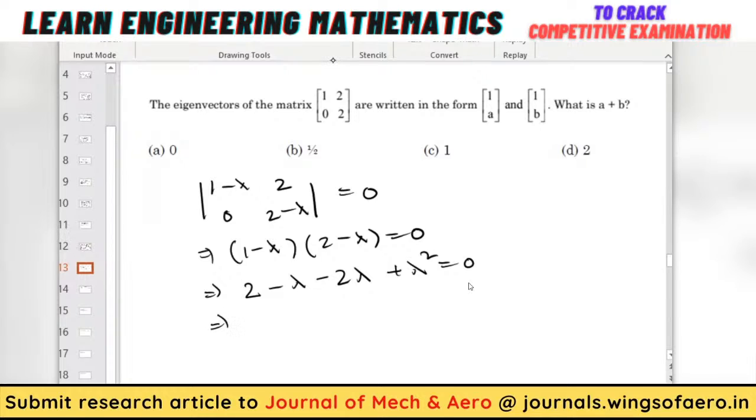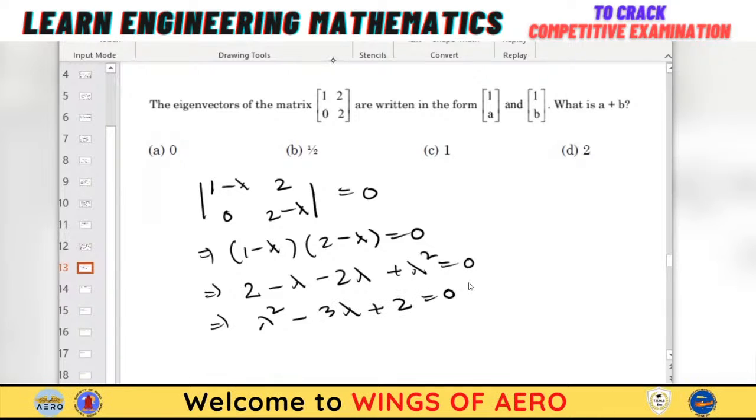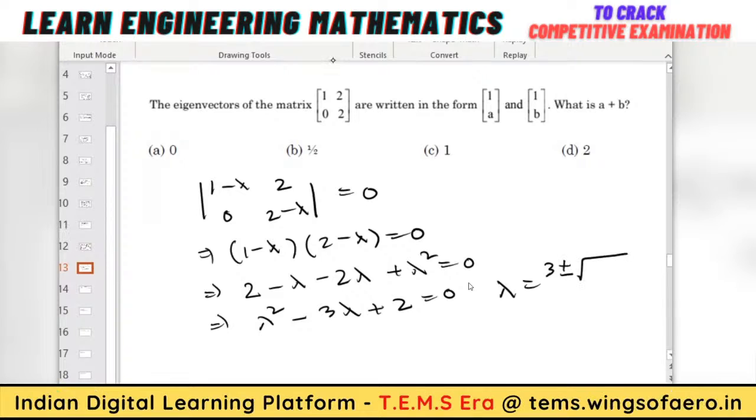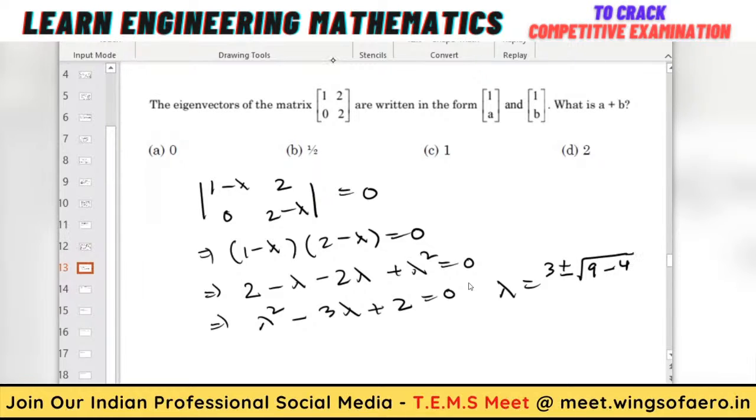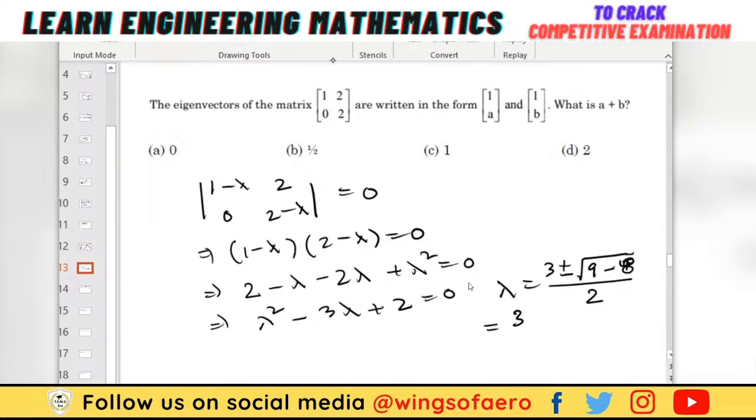So lambda square minus 3 lambda plus 2 is equal to 0. So lambda equals minus b plus minus root of b square minus 4ac, by 2a. So this is equal to 3 plus minus.